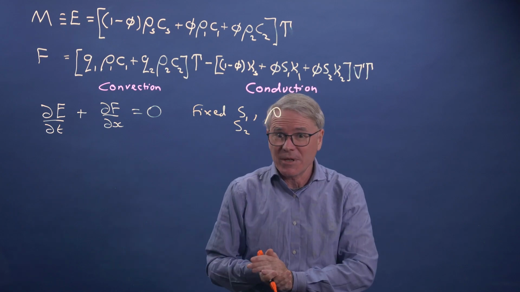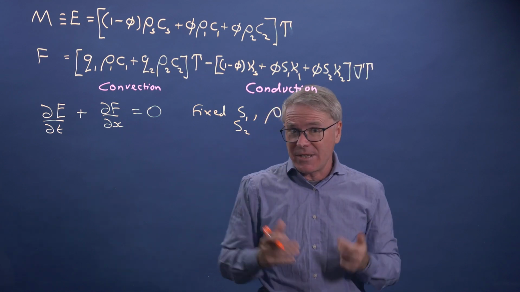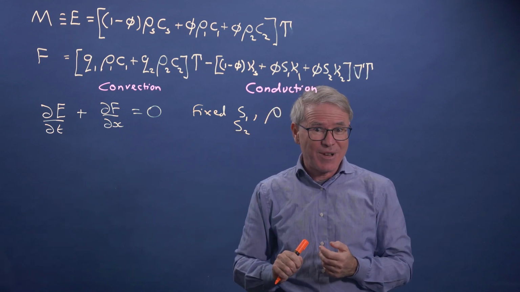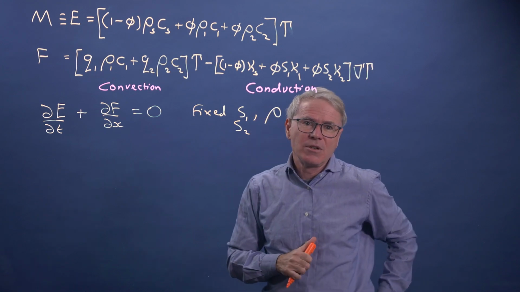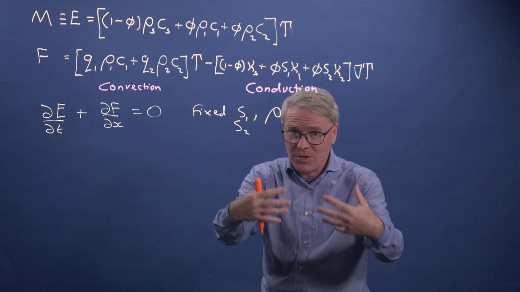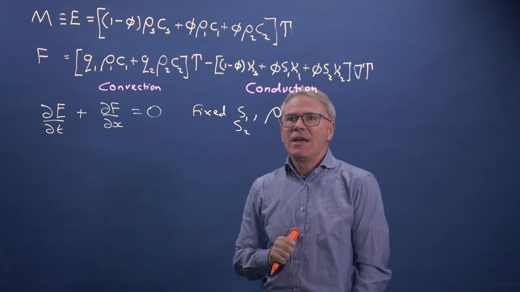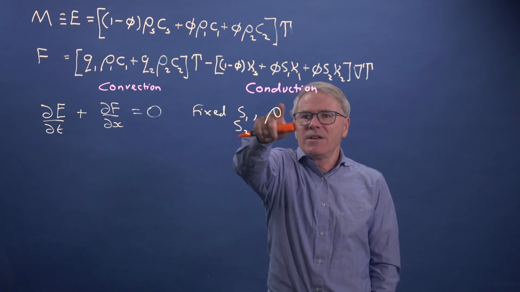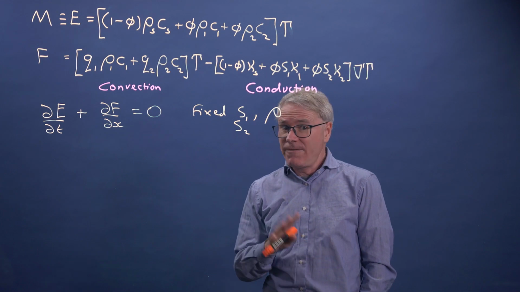Or maybe a simpler example is we just have water flow, but we have hot water, say, displacing cold water, in which case S2 is 0, S1 is a constant. We're not going to allow for there to be significant changes in density either. We're just going to assume that the heat conducts and convects. Okay? So we're going to assume these are fixed, and then we're going to write this as an equation for temperature.